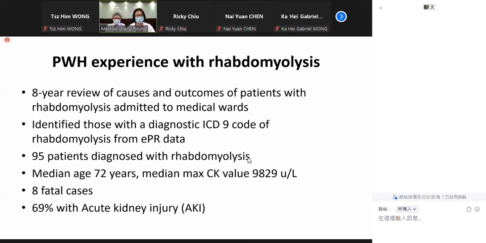So amongst these cases, the average age was about 72 years, and the median max CK value was about 9,800. And out of these 95 patients, 8 cases were fatal. And we'd underline one of the potential very important factors is the deterioration of renal function. So at least 70% of patients also had concomitant acute kidney injury when they had this episode of rhabdomyolysis.